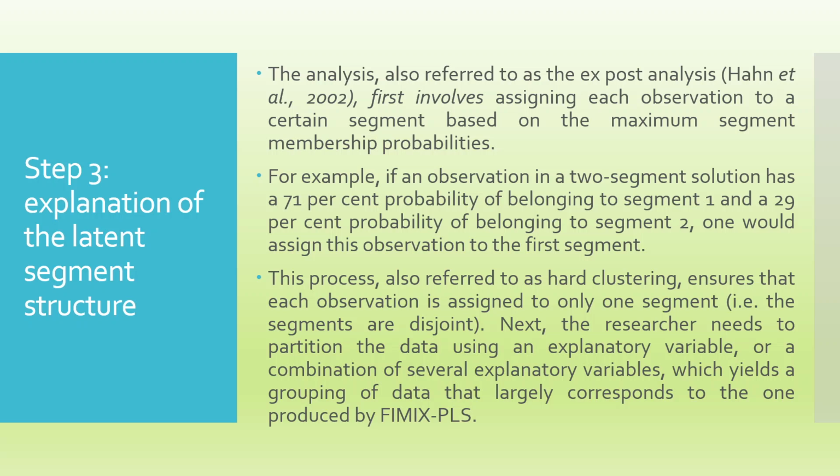Next, the researcher needs to partition the data using an explanatory variable or a combination of several explanatory variables, which yields the grouping of data that largely corresponds to the one produced by FIMIX-PLS. See, the researcher needs to partition the data using an explanatory variable, which is C2, which we have considered, or a combination of several explanatory variables, which yields a grouping of data that largely corresponds.